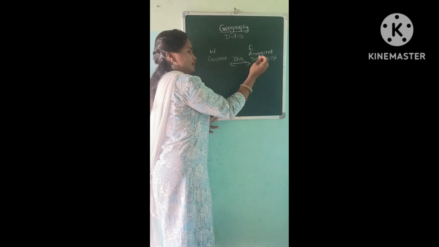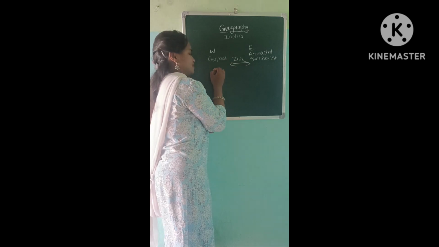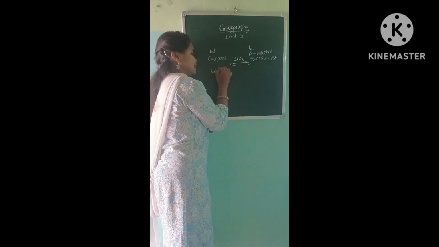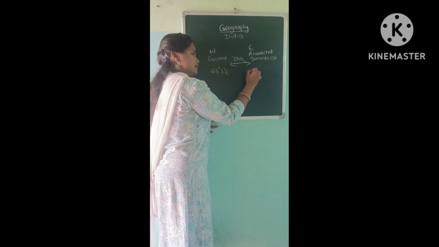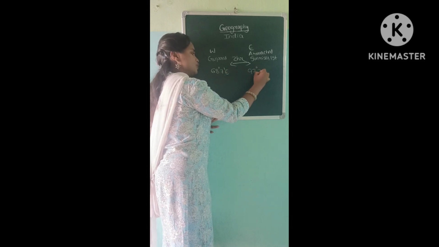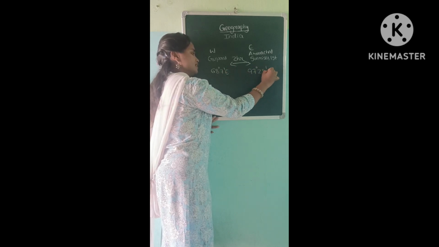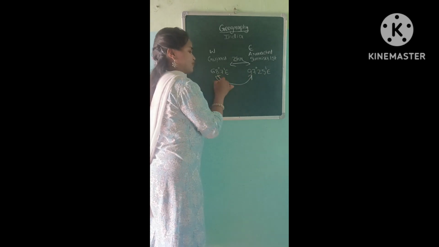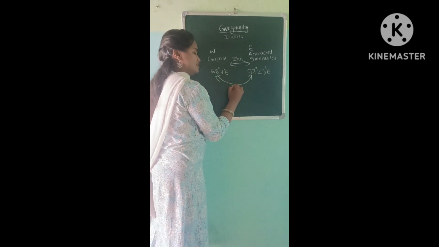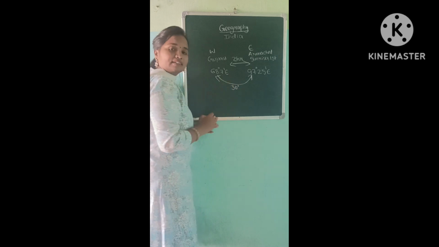In India, the longitudinal extent is 68 degrees 7 minutes east to 97 degrees 25 minutes east. That means the difference between 68 and 97 is approximately 30 degrees, right?